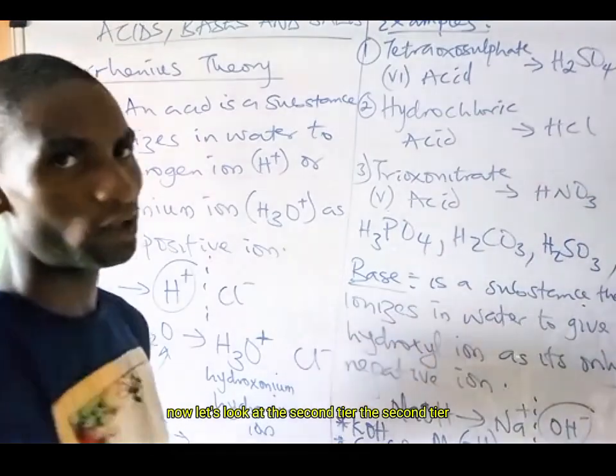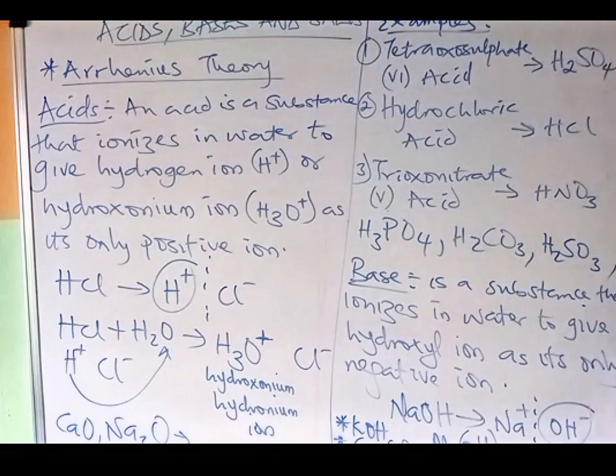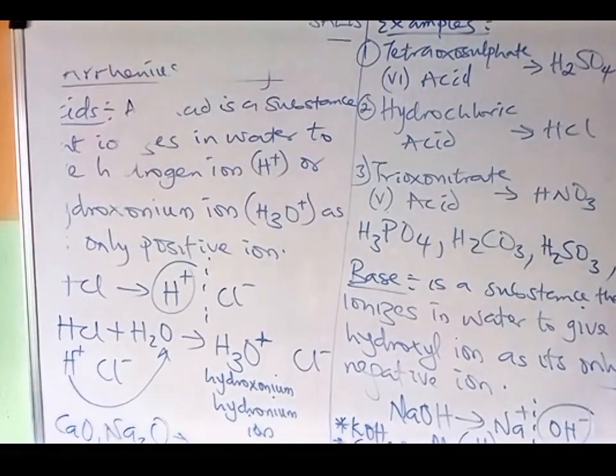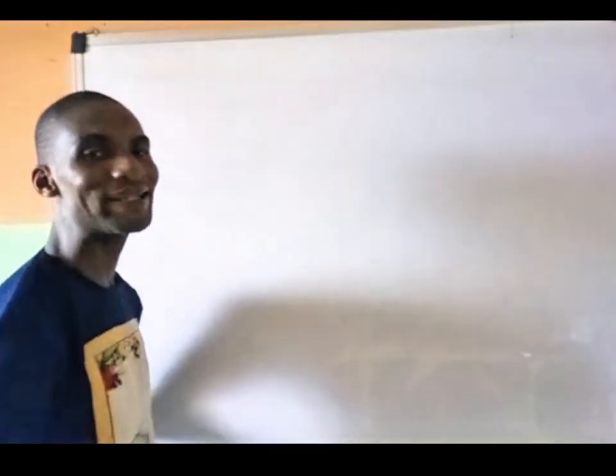Now let's look at the second theory. Now, the next theory we'll be talking about is the Bronsted and Lowry theory.